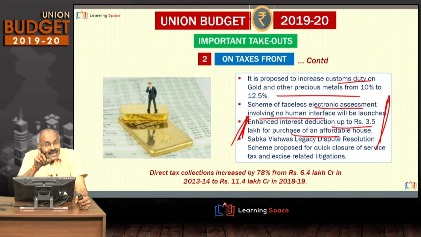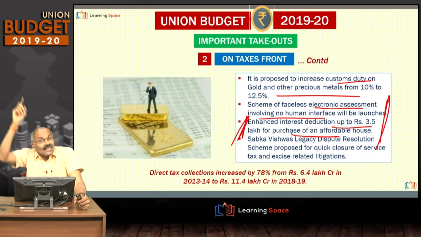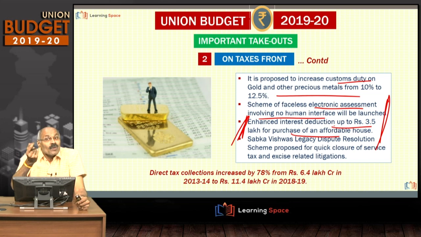You have to pay income tax if your income exceeds a certain limit, but from that taxable income this will be exempted. That means whatever interest is there when you purchase an affordable house by taking loan from a bank, then you are paying regular interest. So friends, that exemption is now increased to rupees 3.5 lakh.